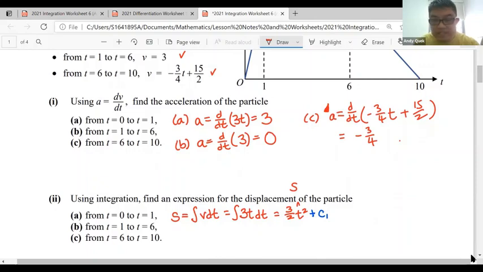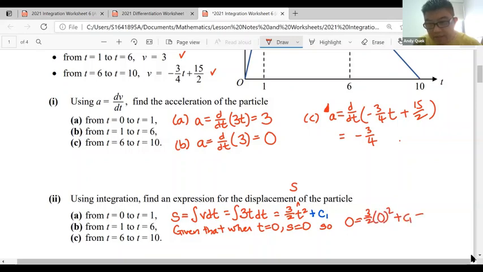So we know since it starts from the fixed point O, we can say given that when t goes to 0, s equals to 0. So s equals to 3 over 2 t square plus C1, 0.